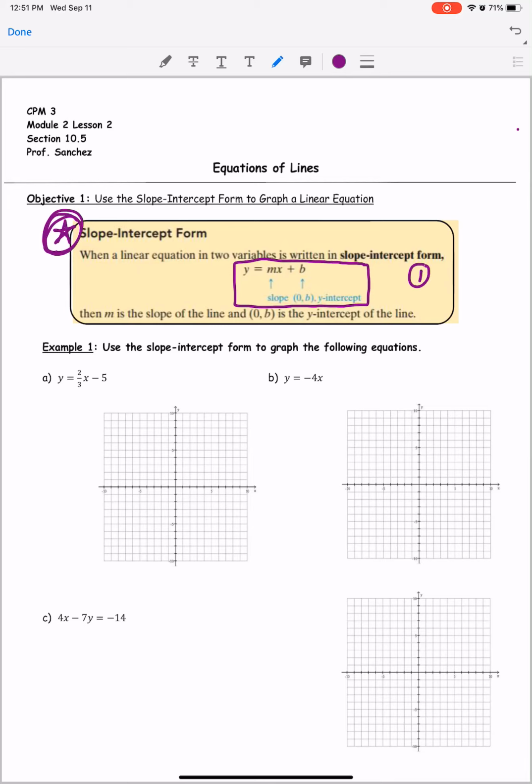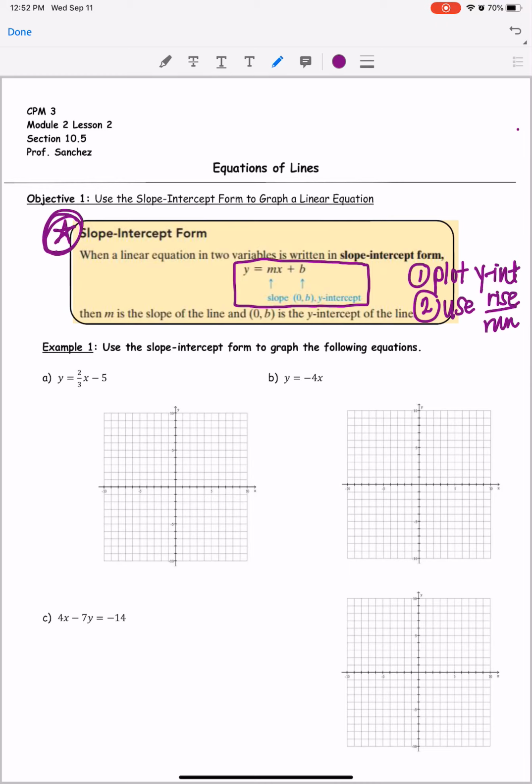So first, plot y-intercept, and then second, use your slope, which is rise over run. Okay. So again, your slope is whatever with the x, your y-intercept is the constant, it's whatever not with the x.